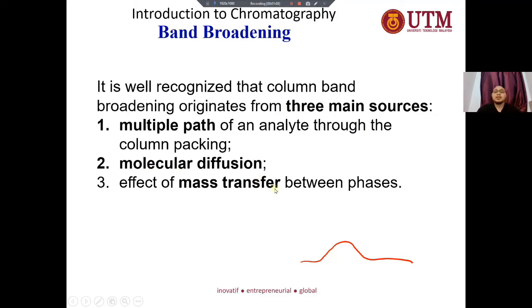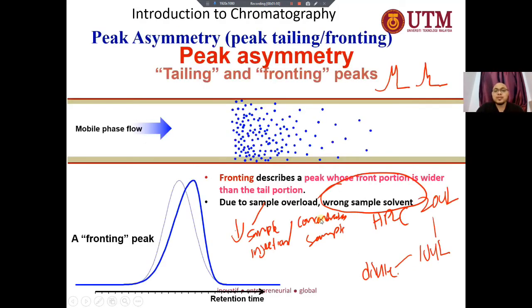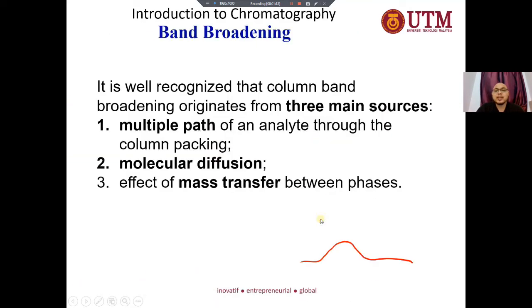Before we go further, if you look back at peak asymmetry and peak broadening, the kind of question that can be asked during the examination is: describe peak asymmetry, and how to avoid or improve it. Another example: please explain the three main sources of peak broadening.